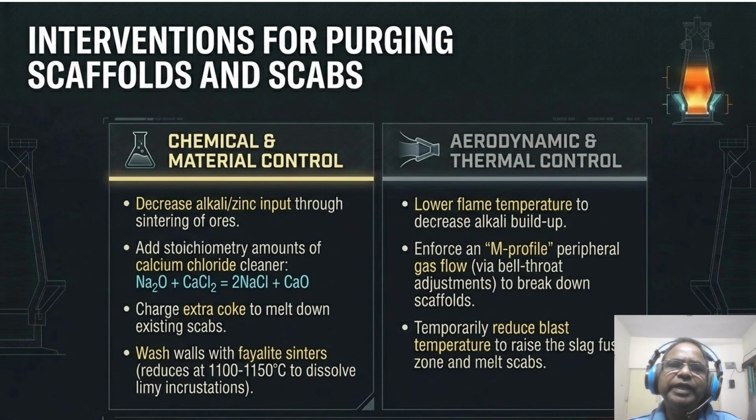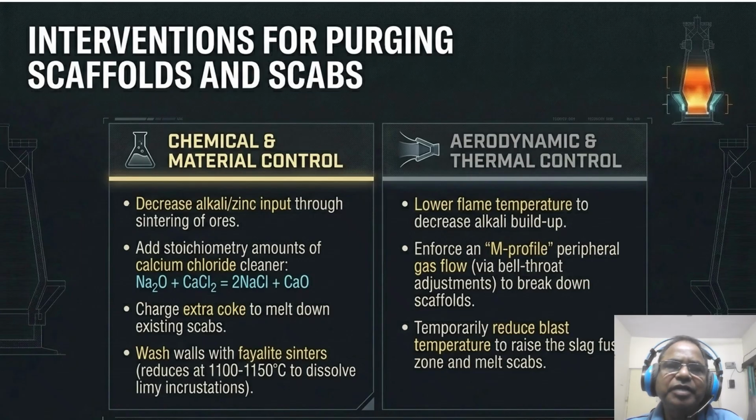We have two main toolkits, chemical and aerodynamic. Under chemical control, note the equation: by adding a stoichiometric amount of calcium chloride, we convert a sticky oxide into volatile chlorides that can be purged. We can also wash the wall with a fayalite center to dissolve limy incrustations.